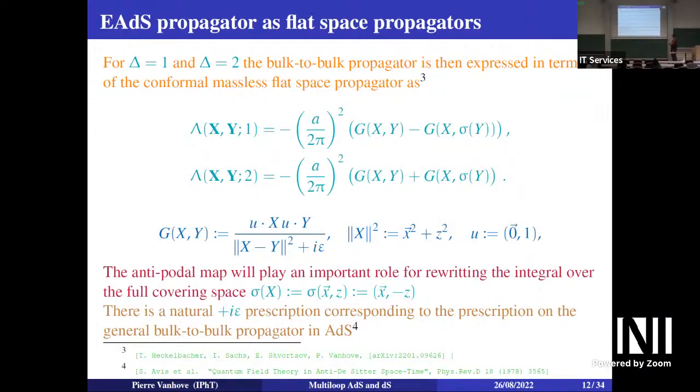I decide to use a notation from quantum field theory to have an inverse linear propagator, introducing a vector pointing inside the bulk, so that u dot x is z, the bulk coordinate, and u dot y is w, the bulk coordinate.